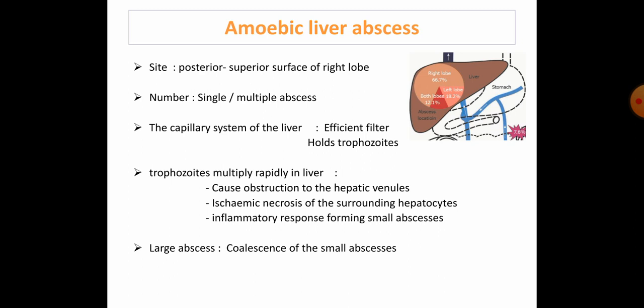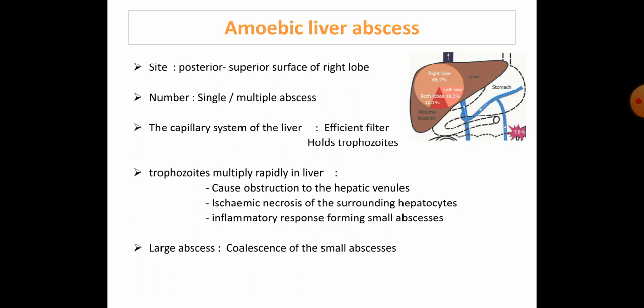So it holds back the trophozoites present in the bloodstream. These trophozoites collect in the hepatocytes, multiply and cause destruction. They cause obstruction to the hepatic venules, resulting in ischemic necrosis of the hepatocytes and setting up an inflammatory response, resulting in formation of abscesses.